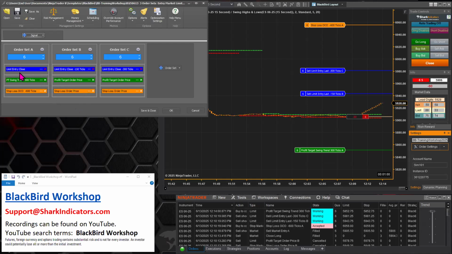So that's why setting this to a bar price does get our scale in entry orders, that offset price, does get them all synchronized to exactly those values there.